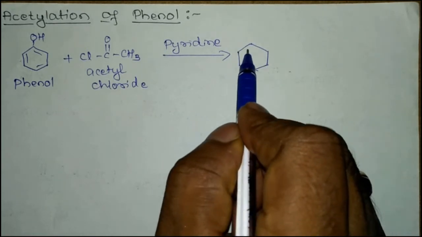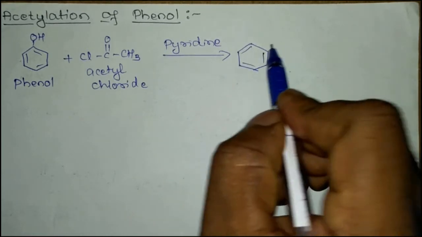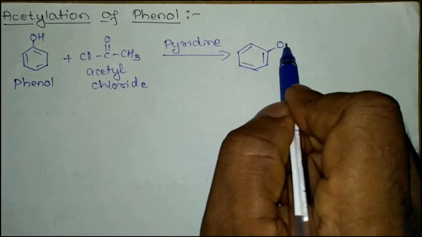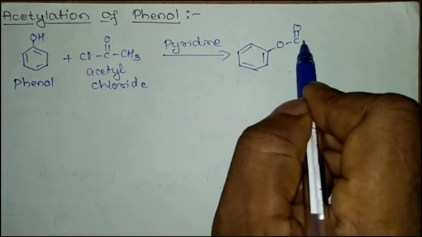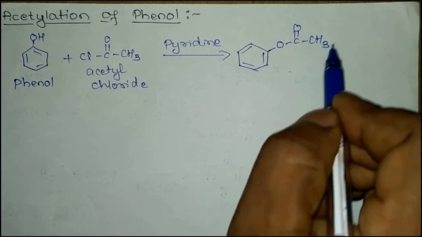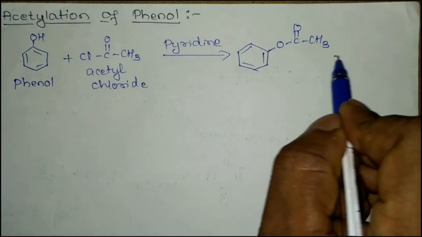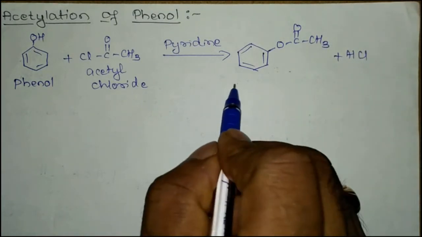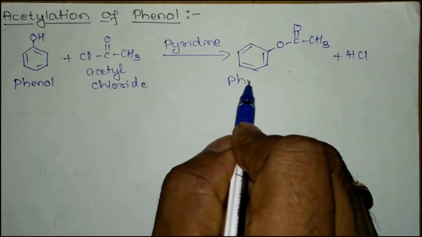Acetylation takes place here. You are going to get phenyl acetate, OCOCH3, plus HCl.